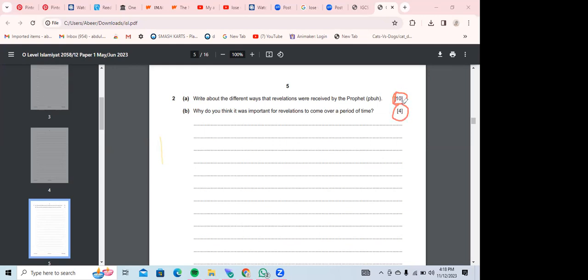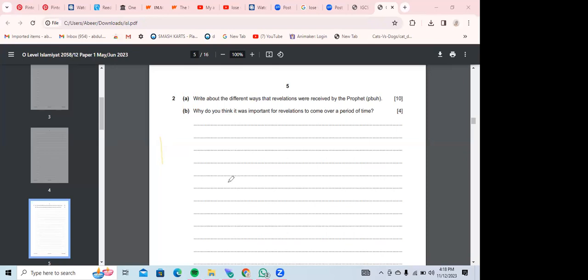One important thing: whenever you get a 10-mark question, keep in mind that it is going to be lengthy, probably a page and a half, and if your writing is big it can go on for 2 pages. In 10 marks you have to write every detail you can remember.